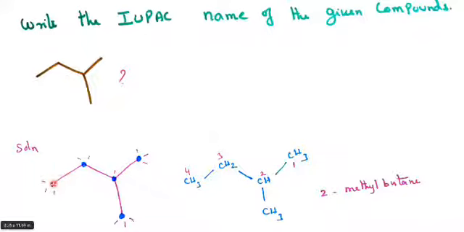My carbon valency is 4, so 4 minus 1 bond, 3 hydrogens. Then the carbon linked with 2 bonds, so 4 minus 2 bonds, 2 hydrogens. Then this carbon, 1, 2, 3 bonds, so 4 minus 3 bonds, only 1 hydrogen. This carbon linked with only 1 bond, so 4 minus 1, 3 hydrogens. Then this carbon linked with only 1 bond, 4 minus 1, 3 hydrogens.